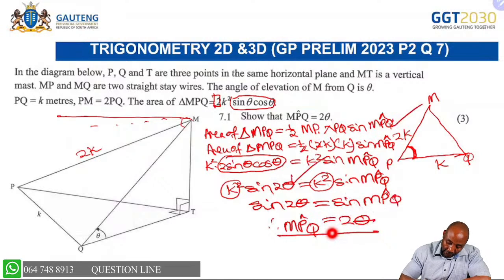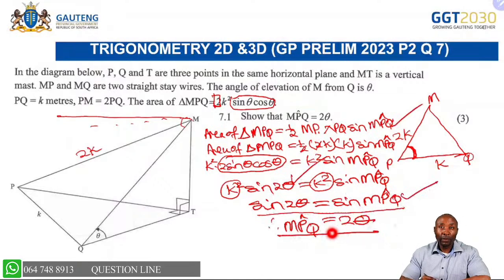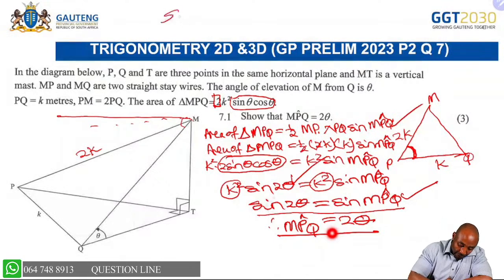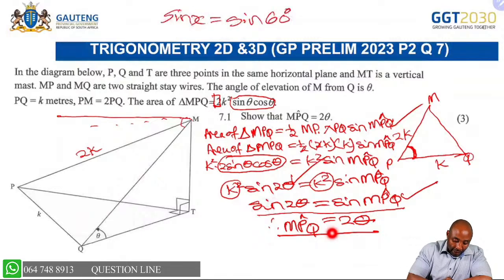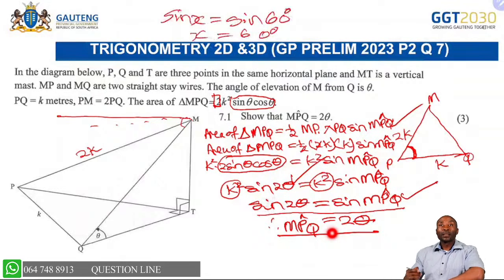And then the final mark is for us to get to that step, because this we are already given, we will not get a mark for it, but we are supposed to know that if I have sine x equal to sine 60 degrees, the ratios are the same, so it follows that x should also be equal to 60 degrees. That's how it works in trigonometry.